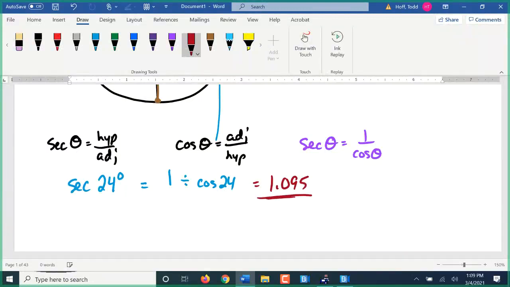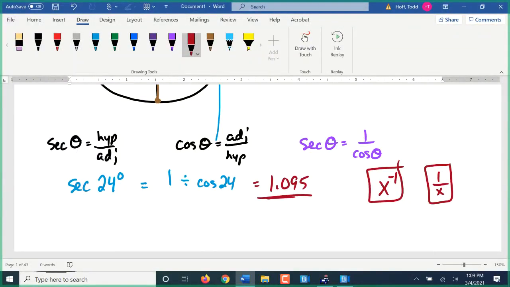There's a simpler way. Your calculator has a reciprocal key built into it. On most of your calculators, it looks like this, X -1. Some of your calculators, if you have an older one or a Casio, it might look like 1 over X. That takes the reciprocal of what we've calculated.